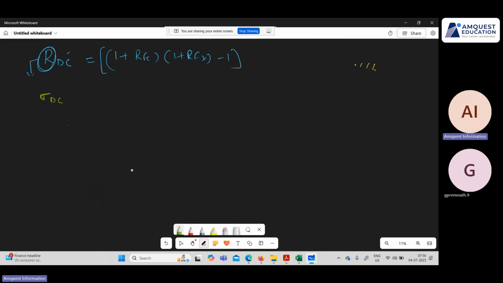Since you're in level 3, you would know that when it comes to risk, we studied this in CFA level 1 as well, that the basic risk formula is first of all going to be squared. Only the variances are additive, not the standard deviations.